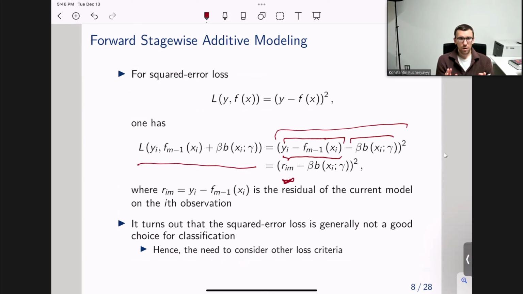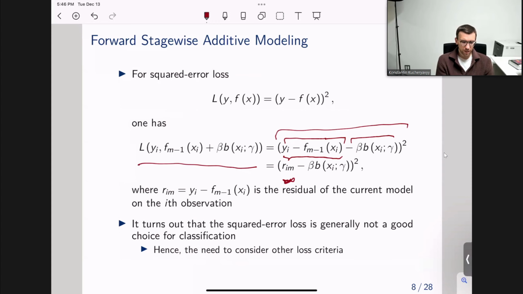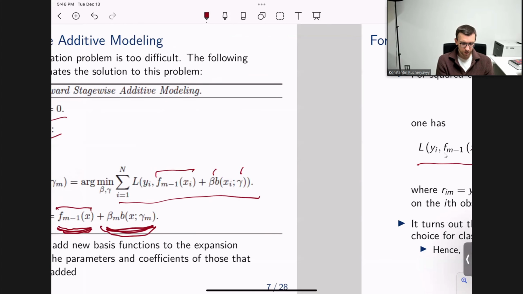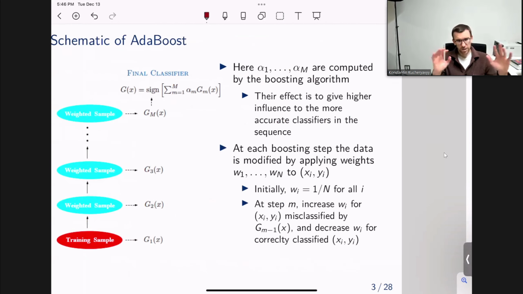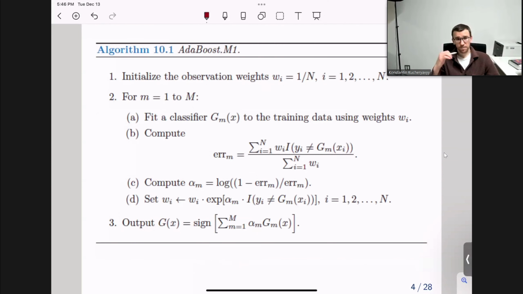Now, just to go back to AdaBoost, we discussed AdaBoost as it was introduced originally in this 1997 paper. And from my discussion of additive stagewise modeling, you can already see that there is a similarity in the spirit of approach.